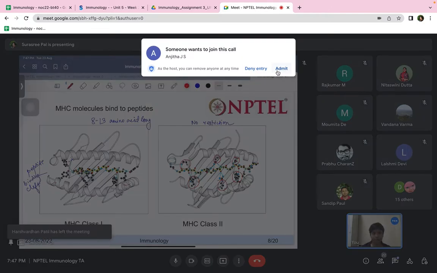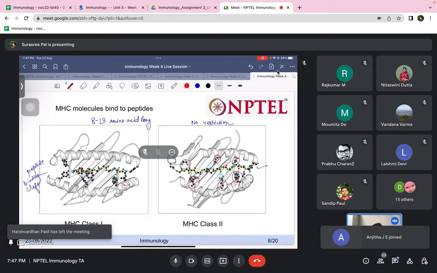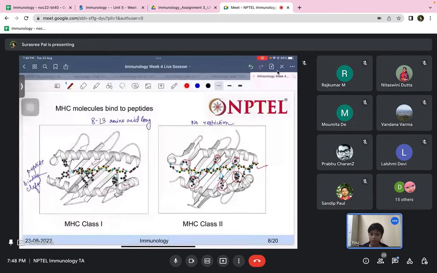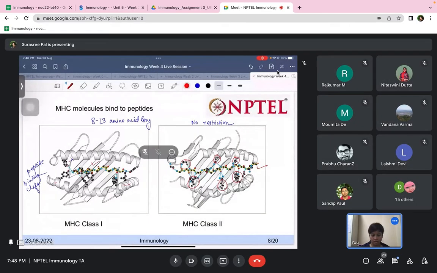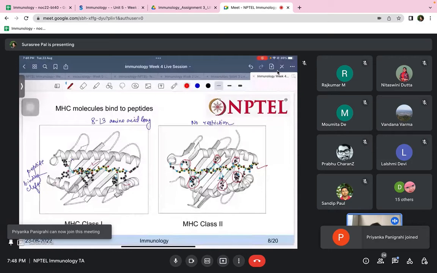Okay, so these kinds of interactions along the length of the peptide binding cleft are absent in class 1, right? You cannot see many amino acids interacting along the length of the MHC.